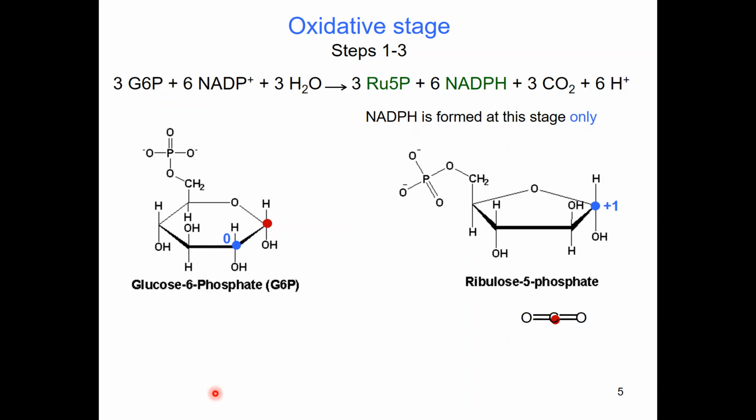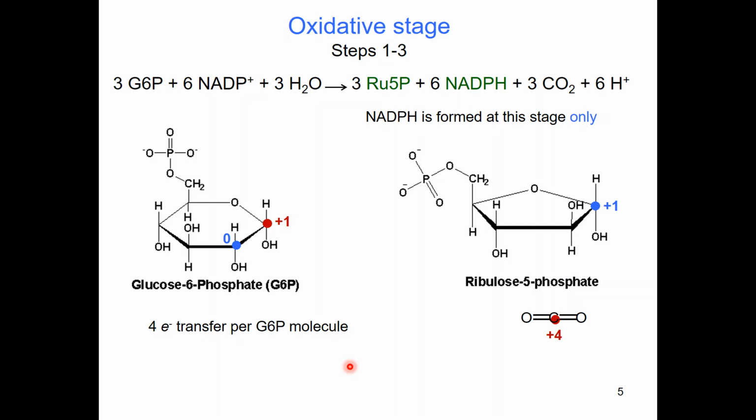So carbon number 2 donates 2 electrons to turn its oxidation state to plus 1 in the ribulose 5-phosphate. The first carbon of glucose 6-phosphate has an oxidation state of plus 1, and it donates 3 electrons to become carbon dioxide.